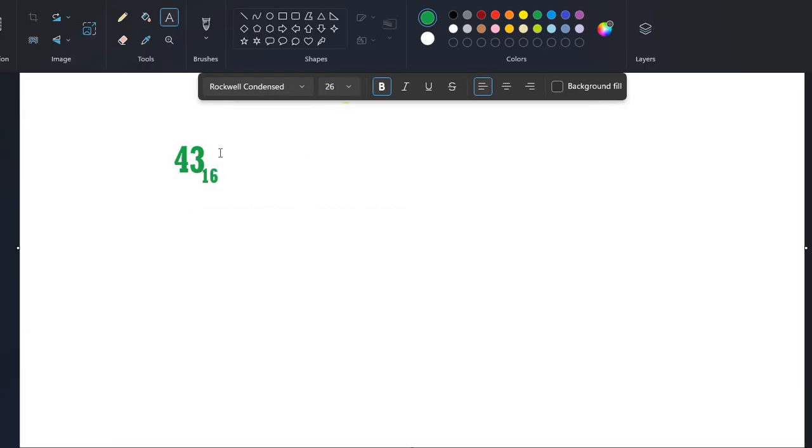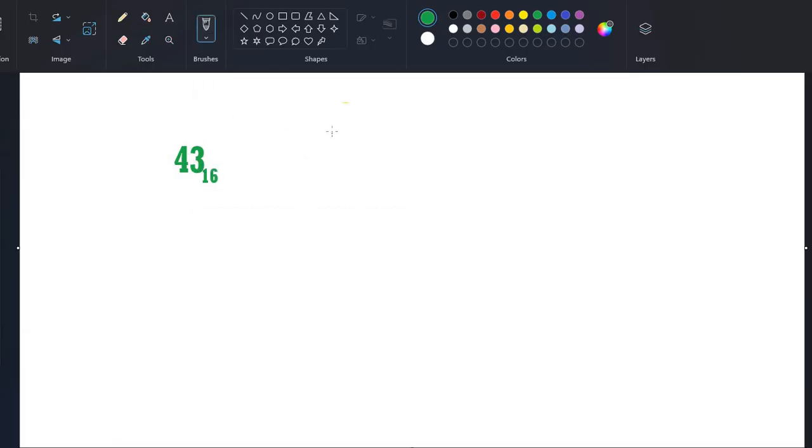So how will you convert this? We know that we have to convert 4 and 3. We have to convert each of these hexadecimal symbols or numbers into 4 equivalent binary bits.